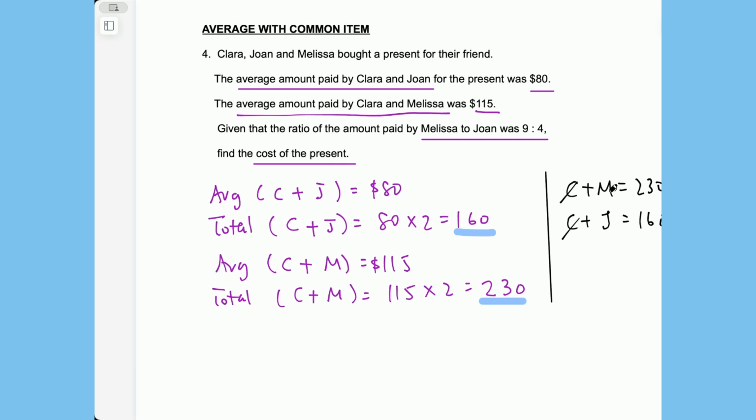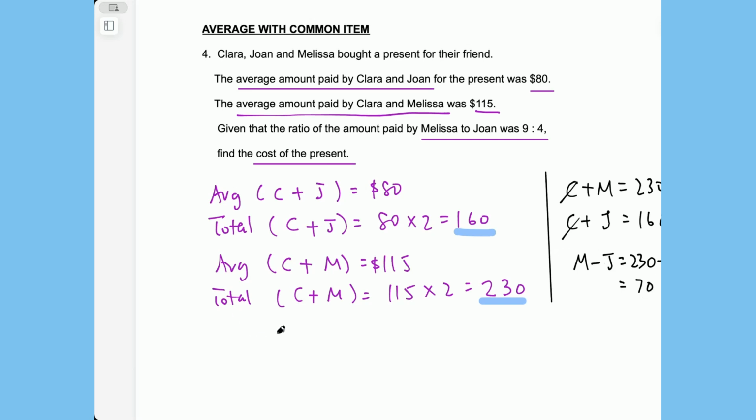And what we have is M minus J is actually 230 minus 160, which gives us 70. That means 70 is the difference between Melissa and Joanne, because M minus J, Melissa minus Joanne, is 70.